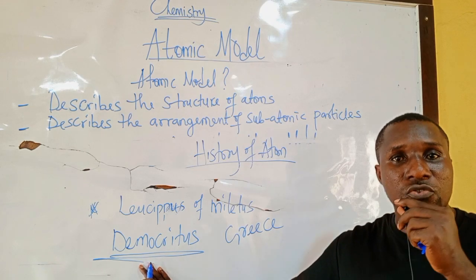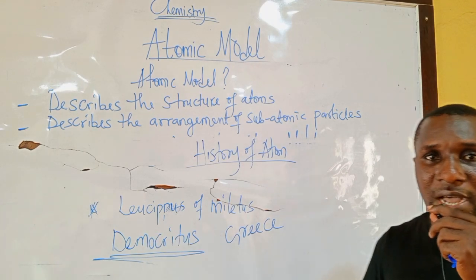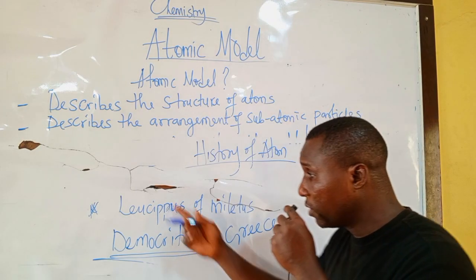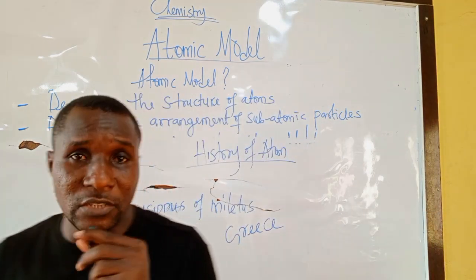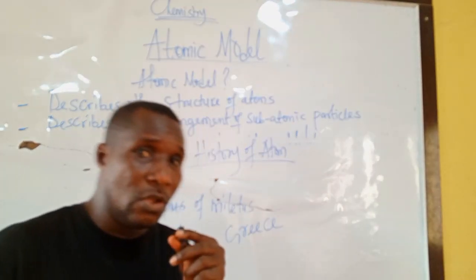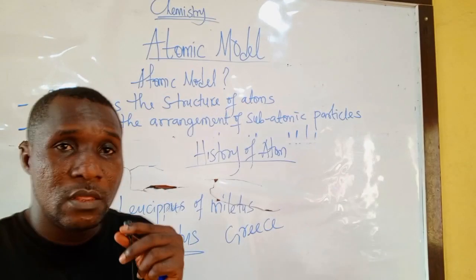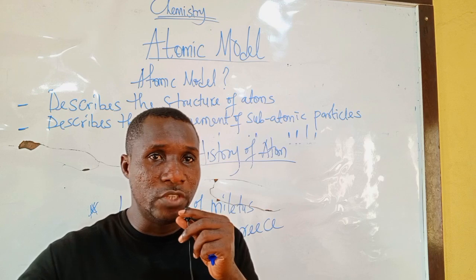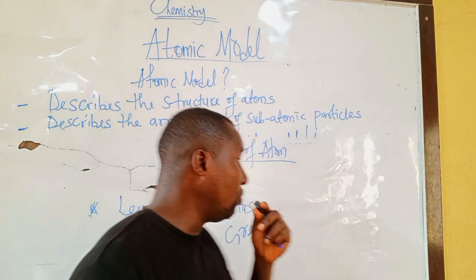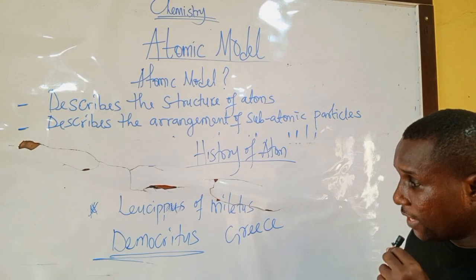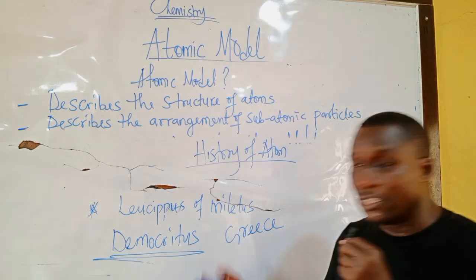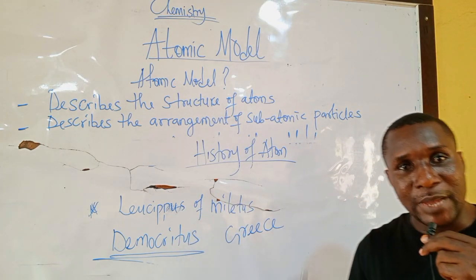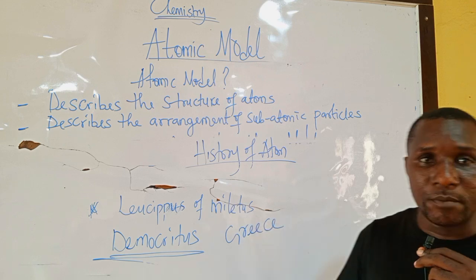But Democritus too could not establish that scientifically. Don't forget, Democritus was a disciple, a student of Leucippus of Mystos. Take note of that. He was the first person that gave atomic model.